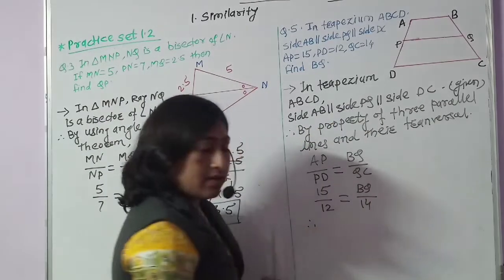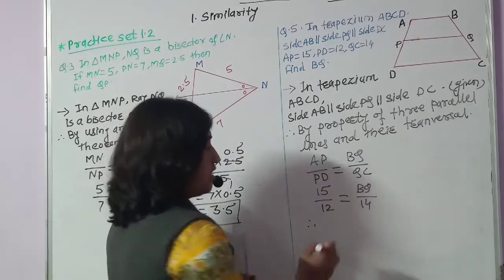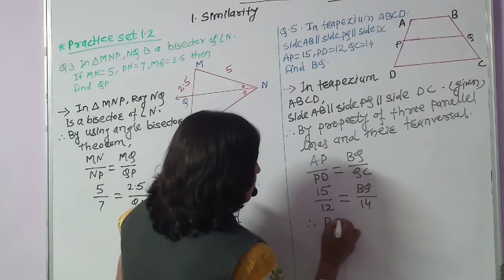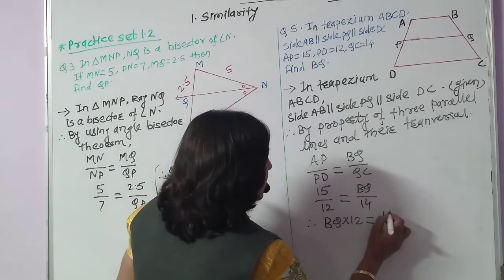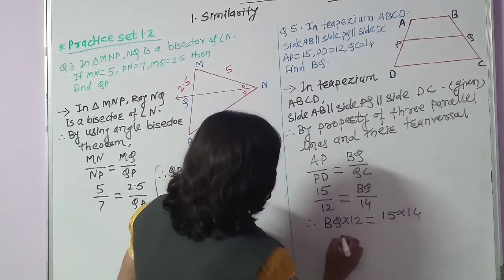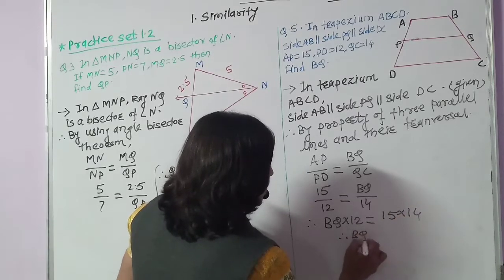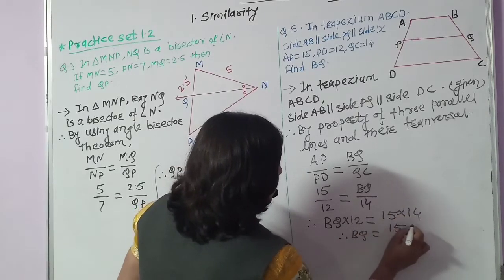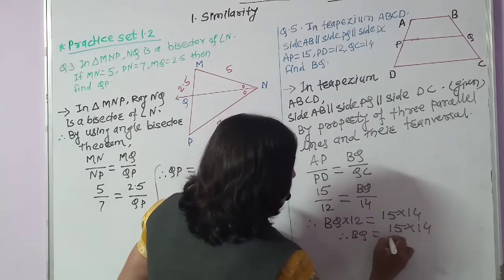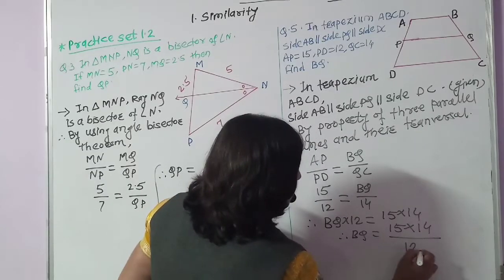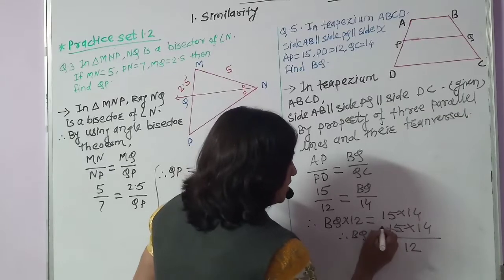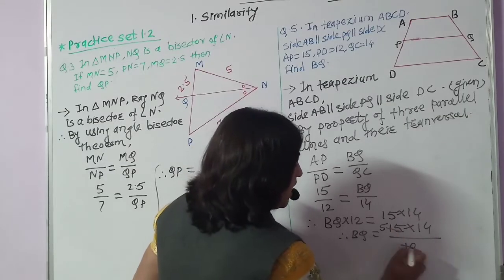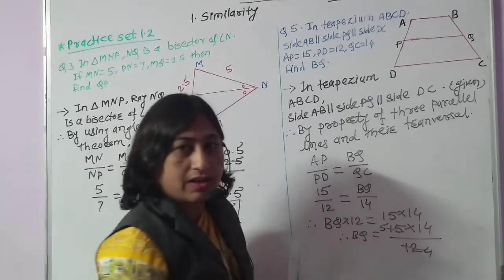Therefore take cross multiplication, we get BQ into 12, which is equal to 15 into 14. Therefore BQ equal to 15 into 14 upon 12. See here, 3 fives are 15 and 3 fours are 12.